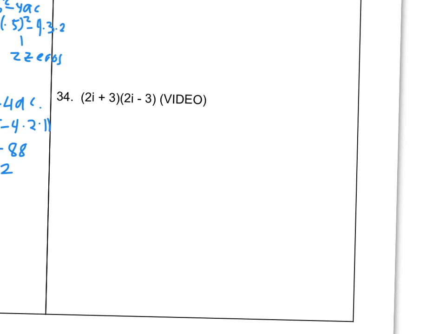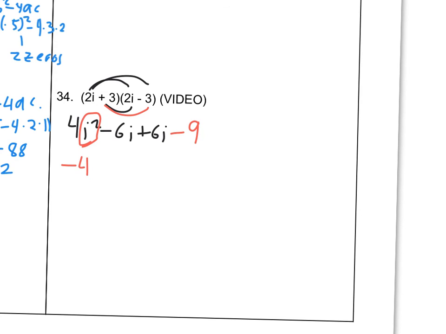And finally, for number 34, we're going to have 2i times 2i, which is going to be 4i squared. 2i times minus 3 is minus 6i. Plus 3 times 2i is plus 6i. And then plus 3 times minus 3 is minus 9. 4i squared is negative 1 times 4, so that's really negative 4.